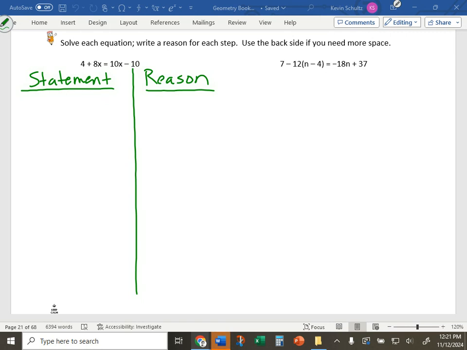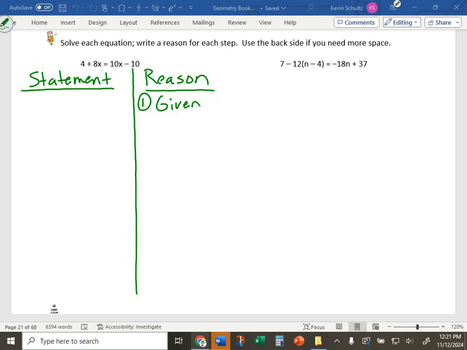So what type of reasoning are we using when writing a proof? Inductive or deductive? Deductive. Right? Because we have a statement and then we back it up with something. And in every single proof you will ever write, your first statement and reason is always what you know, what's given to you.